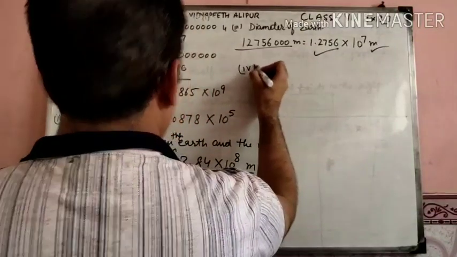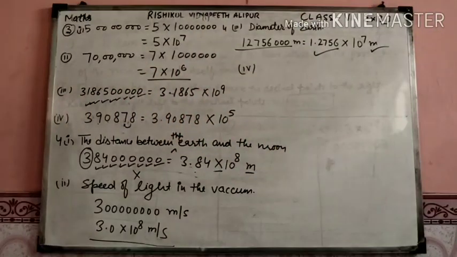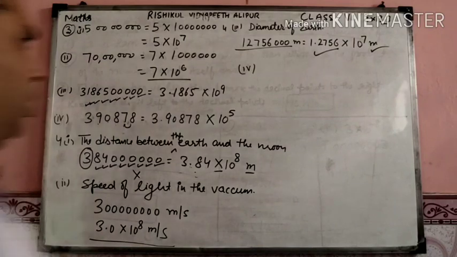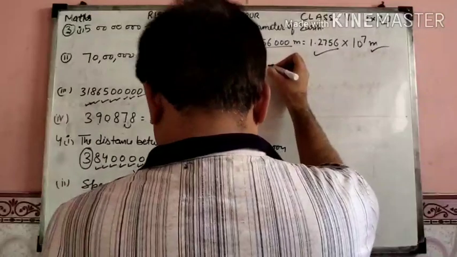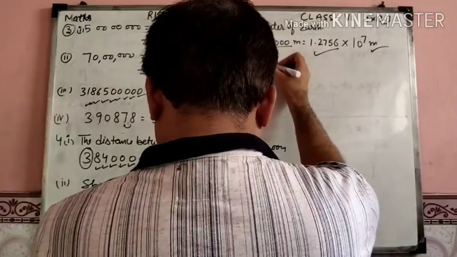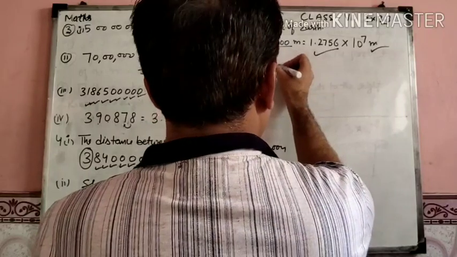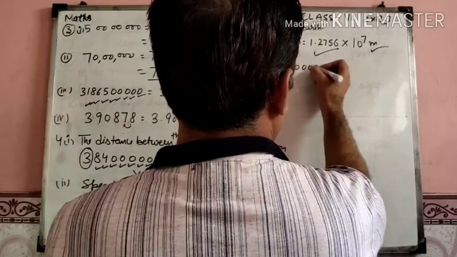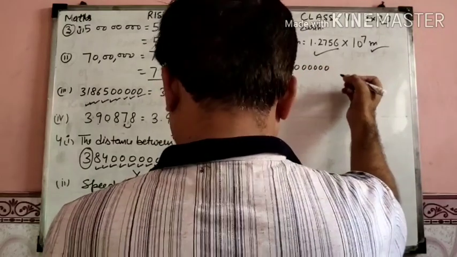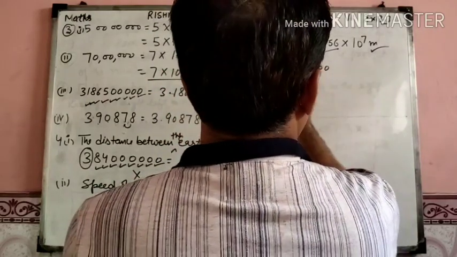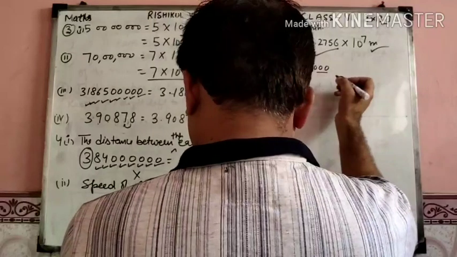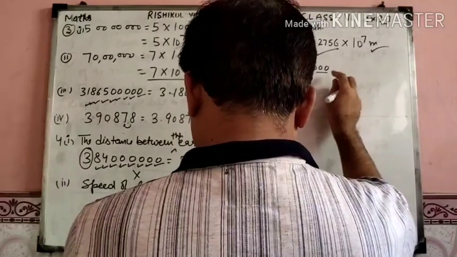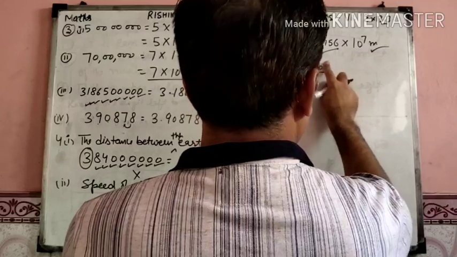Next one is the fourth part. What is the fourth part? The diameter of the sun. Now how will you write it? It is given 1,400,000,000.